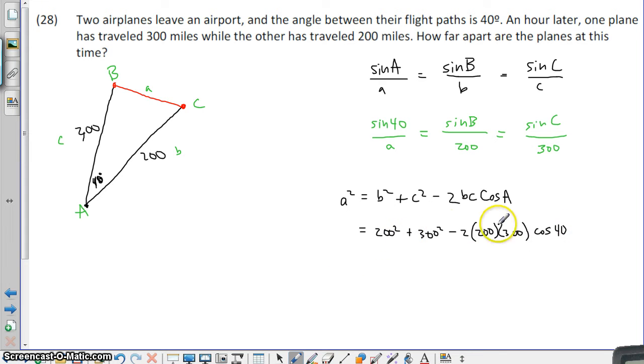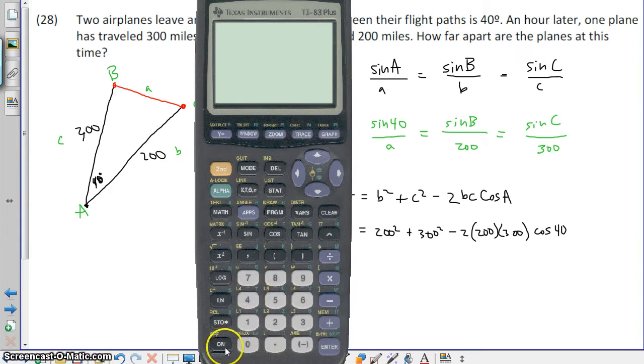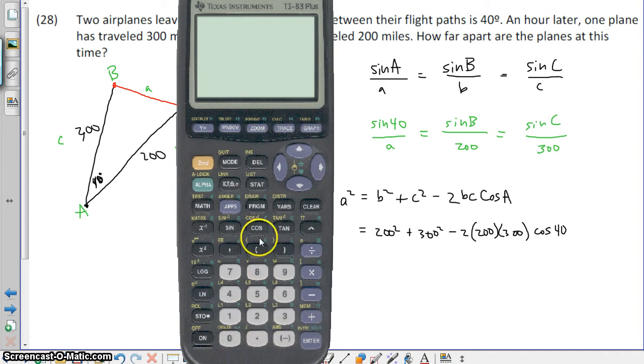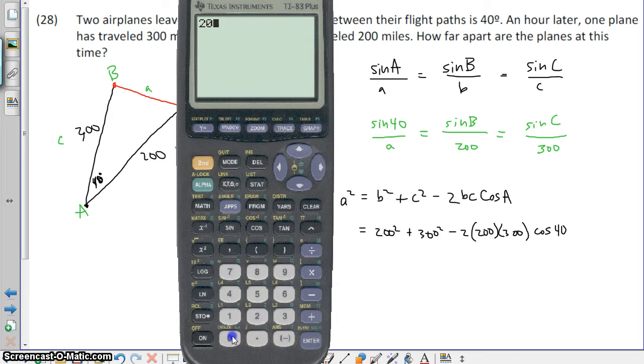So I can go ahead and plug all of that into the calculator, making sure that I'm in degrees. So 200 squared plus 300 squared minus 2 times 200 times 300 times cosine 40.